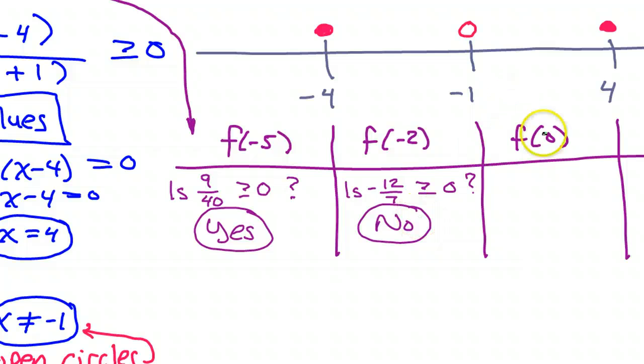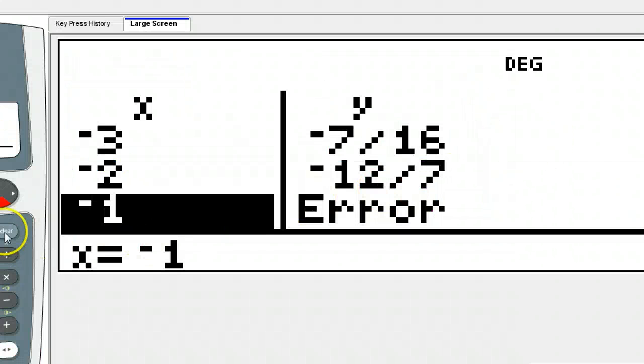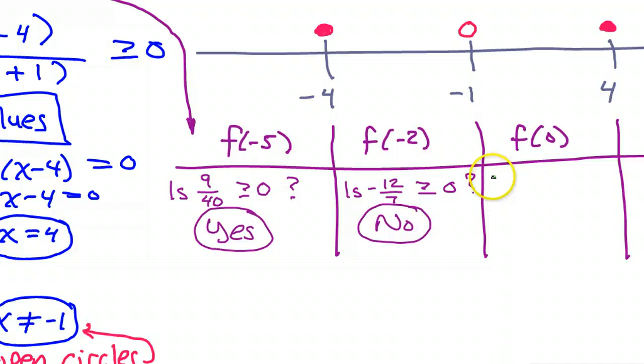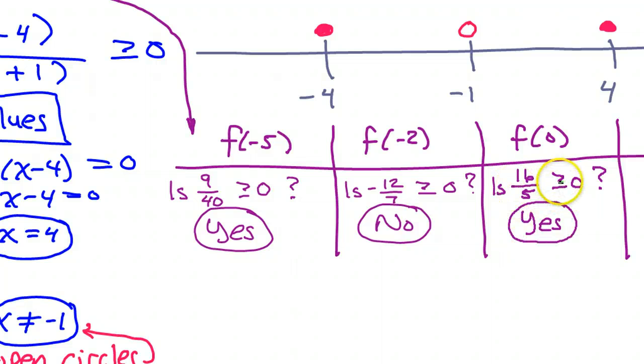Alright, how about at 0? At 0, the function is worth 16/5. Is 16/5 greater than or equal to 0? Yes, it's a positive number.